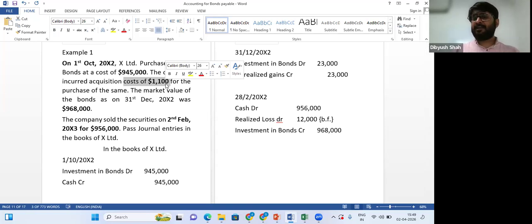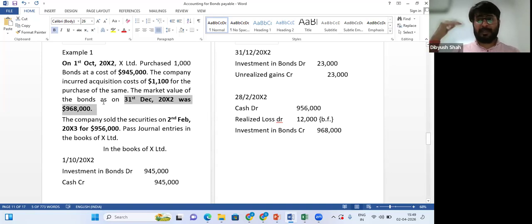The market value of the bonds as on 31st of December 2002, that is balance sheet date, was 968. So by balance sheet date, I have not sold this and the value has gone up. The company sold the securities on 2nd of Feb 2003, next year, for $956,000. Pass journal entries in the books of X Limited.